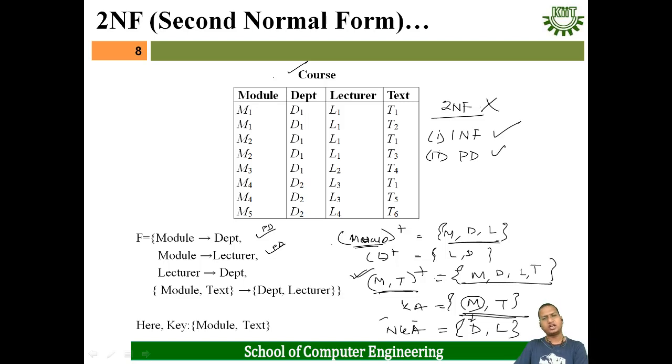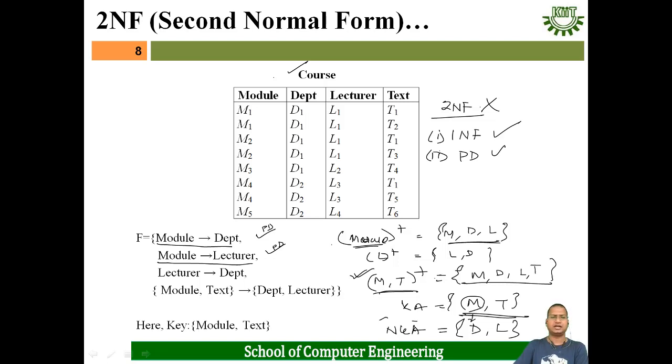Whenever a table is not in 2NF, how to convert that into 2NF? First, you have to take the functional dependencies which are preventing it from being in 2NF: module determining department and module determining lecturer. These two functional dependencies are preventing the table from being in 2NF, that means partial dependency is present in this case. That's why take those two functional dependencies and all their attributes and make one table.